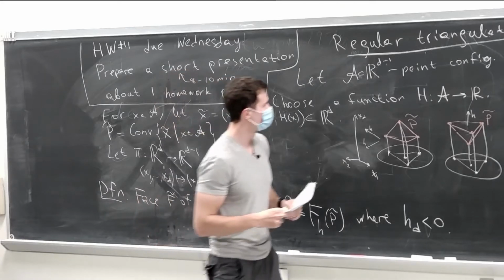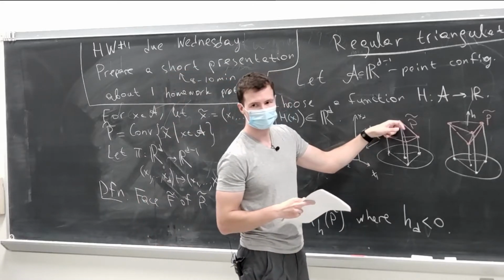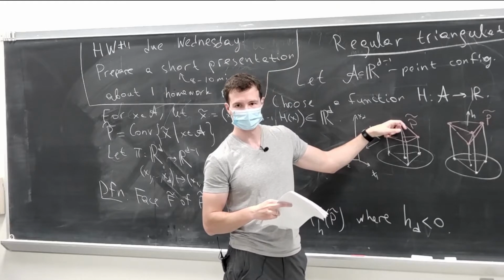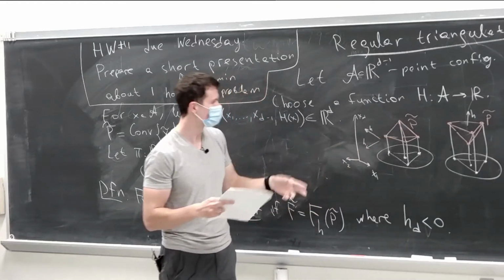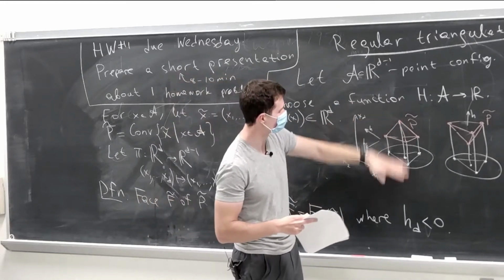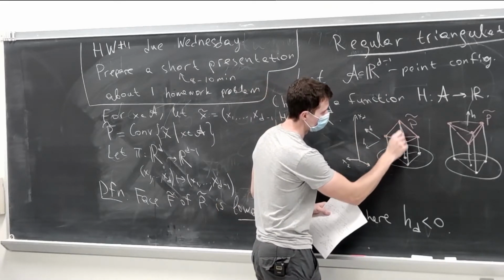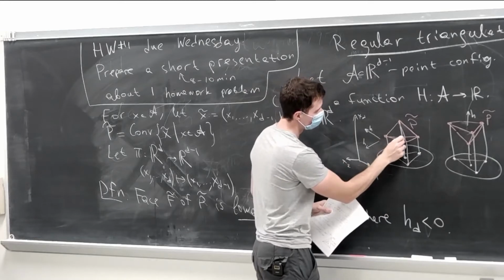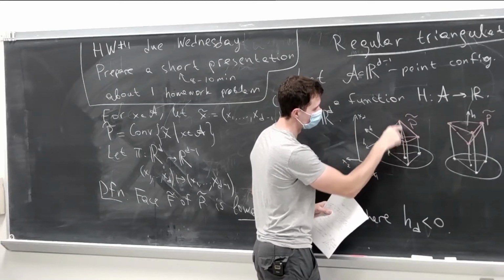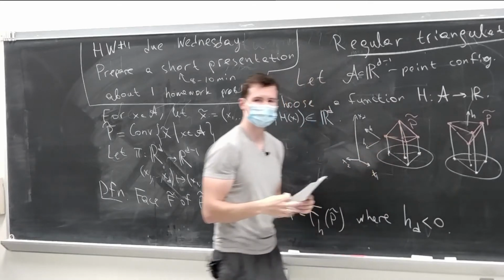Well, actually, still no, because this vertex here is also not a lower face. And that corresponds to the other definitions. If you project, there's this whole line segment inside my polytope, and as you project, only the lowest point from each pre-image of a point is going to belong to a lower face.